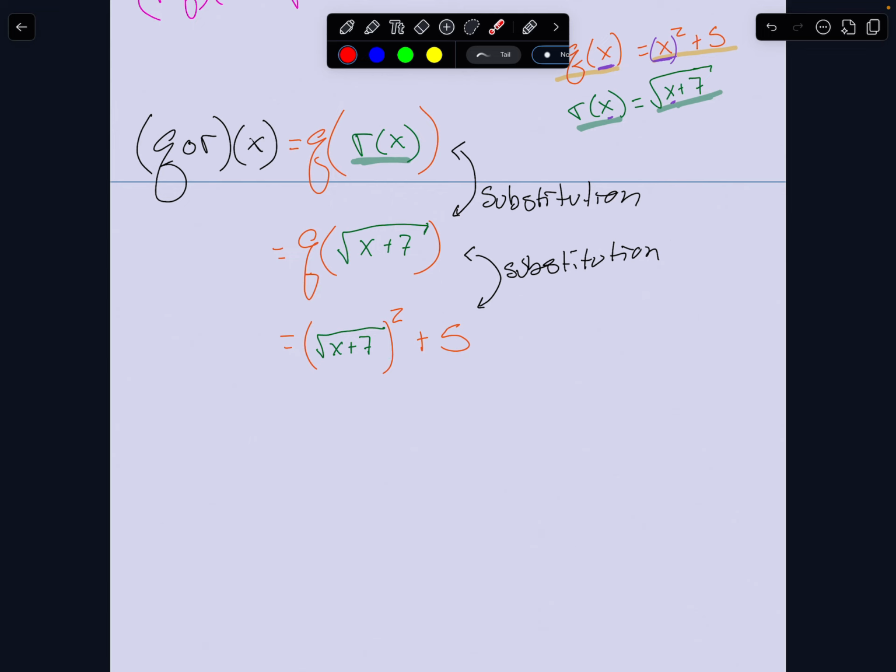My second substitution is taking the variable of my original equation and replacing it with the new thing that I have, right? And now, what do I have left? All that's left to do is simplify.